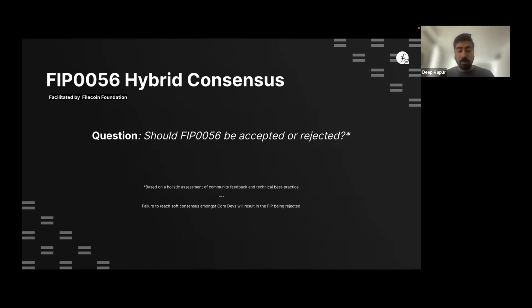With regards to this FIP itself, we were able to run a poll within the community. I'm dropping results, a couple of graphs that we just put together with results from that poll. This is publicly viewable. You can take a look at it later as well. Mainly, we were looking at 4 different parameters. We wanted to see how notaries and highly engaged stakeholders in the community would vote or would want to show support for FIP 56, whether it's on the count of increasing collateral, on the count of increasing duration of deals, on the count of having a multiplier that multiplies with QAP specifically.